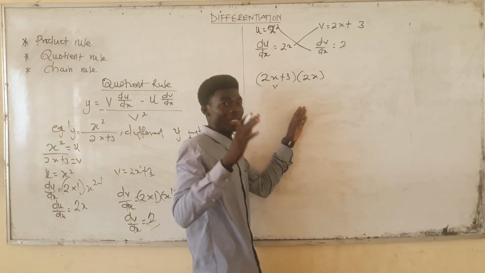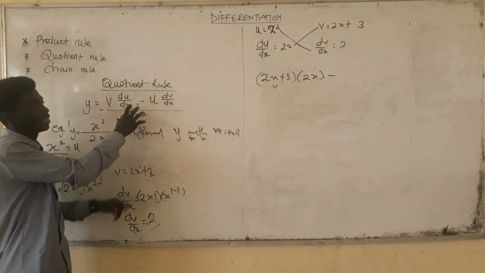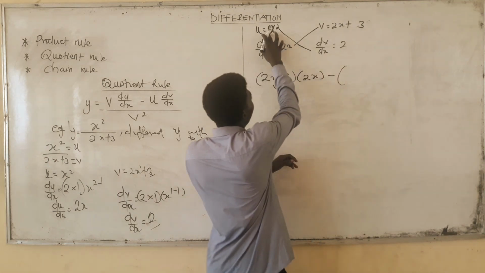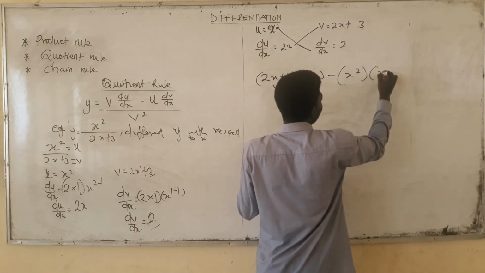But in this case, it's not addition. From the formula, you can see that this operation here is minus. So minus u, which is x squared, multiplying dv/dx, which is 2.